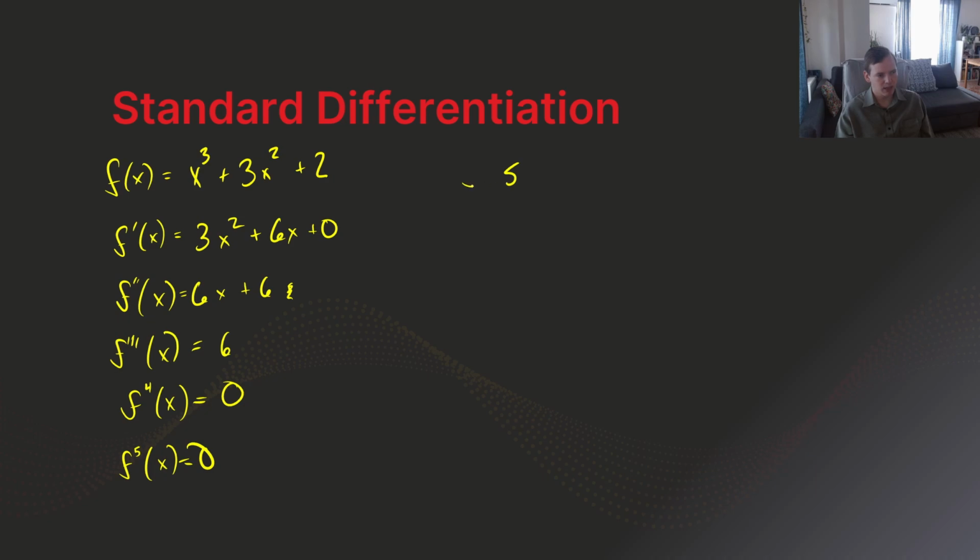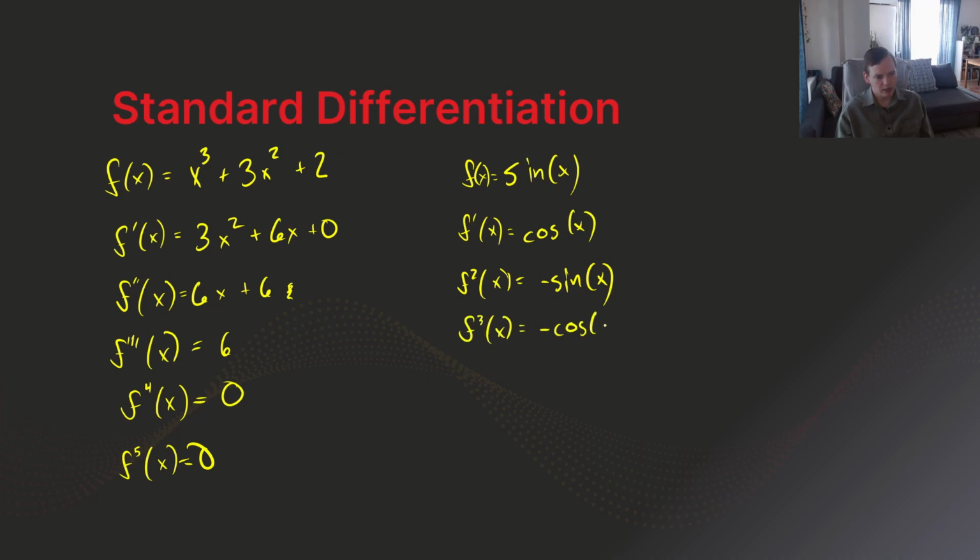If I had something like f of x is equal to sine of x, we wouldn't necessarily see that, because f prime of x would be cosine of x. The second derivative would be negative sine of x. The third derivative would be negative cosine of x.